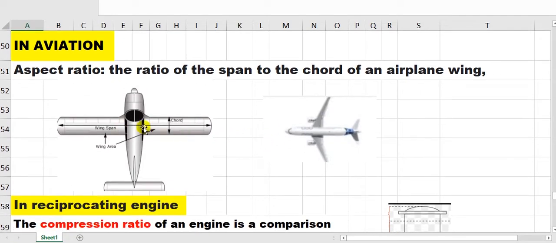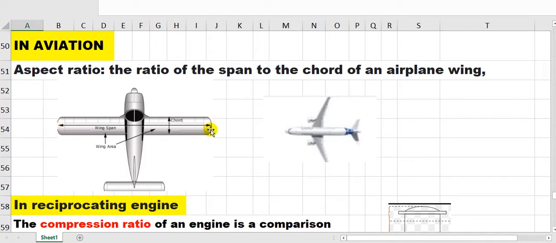Okay? In aviation, there are some ratios we use. The aspect ratio for the aircraft. This is the ratio between the span and the chord. What is the span? The span is the length from the wingtip at the left to the wingtip at the right.